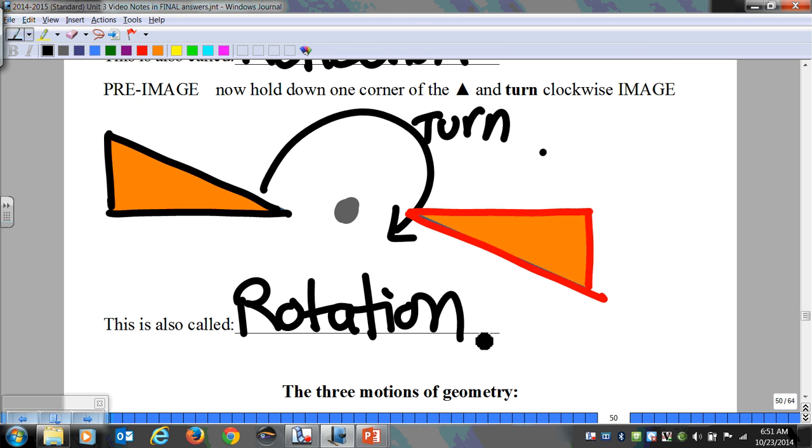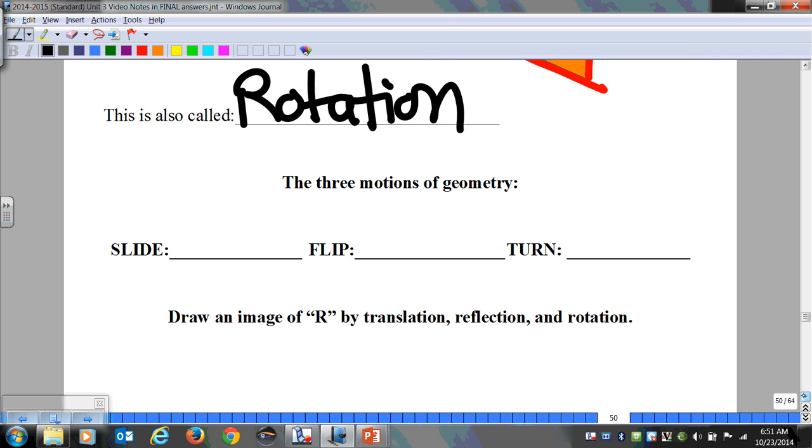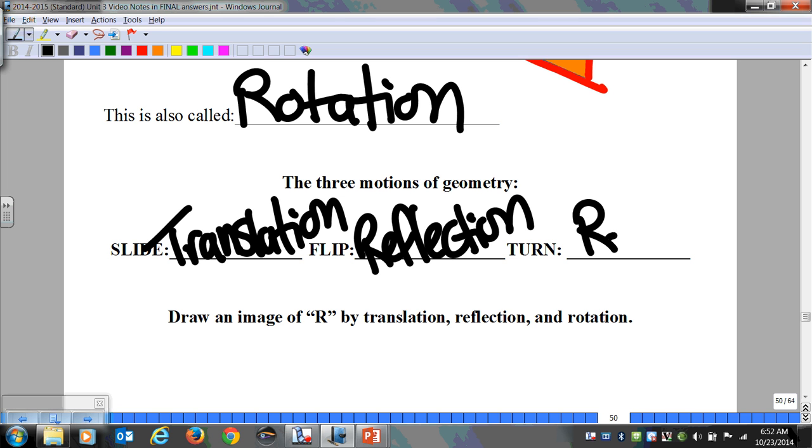That's called a rotation. So there's three motions in geometry: slide, flip, and turn, better known as translation, reflection, rotation.